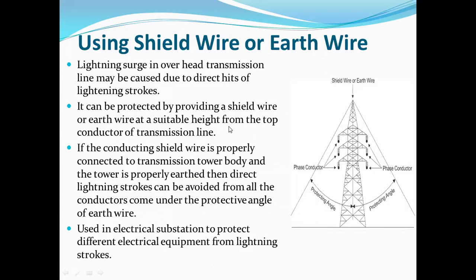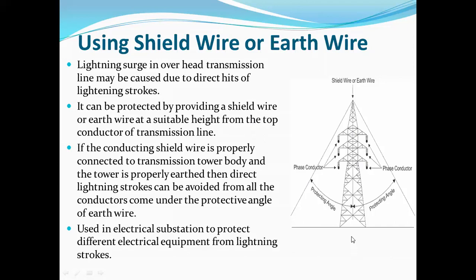Right. So you may also know that these transmission line towers are also earthed. So if we are using that shield wire or earth wire, then it is protecting all transmission lines which are coming under its protecting zone or protecting angle.